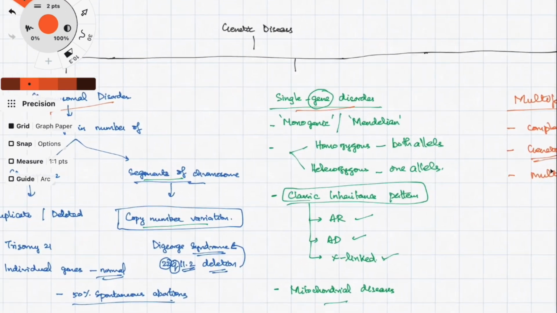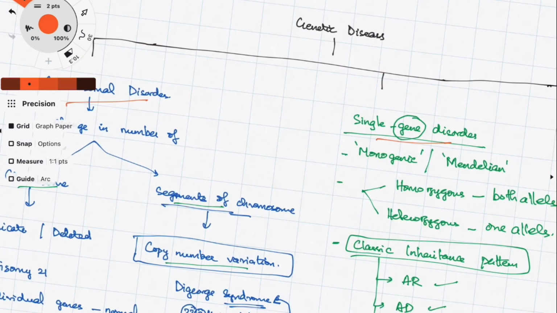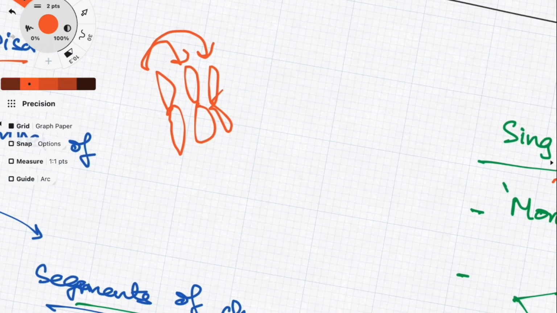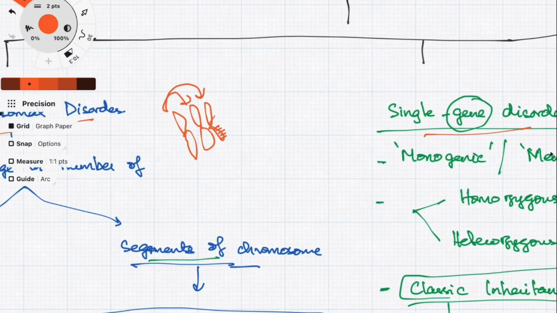If you consider a chromosomal disorder, there you will have a single chromosome, and either the next chromosome will be deleted or the same chromosome would be duplicated multiple times, or a particular segment will be duplicated multiple times or deleted.